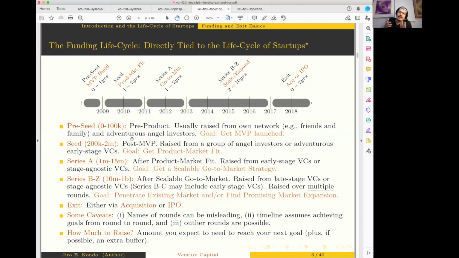Again, the first thing we want to remember is the idea of staggered funding. You raise multiple rounds of funding. A startup doesn't say to itself, how much money do I need to go from 0 to public company? Oh, I'll need like $400 million, let me go raise $400 million.